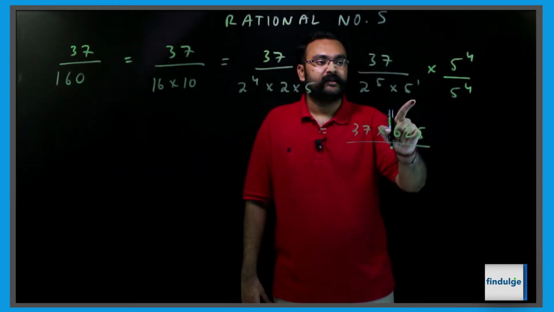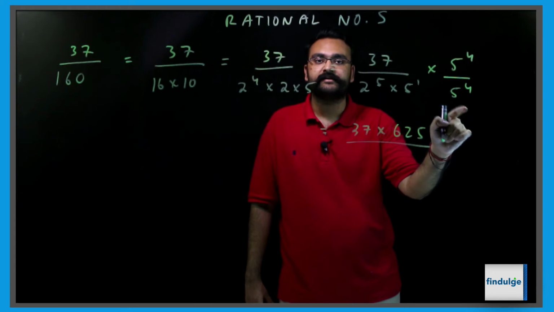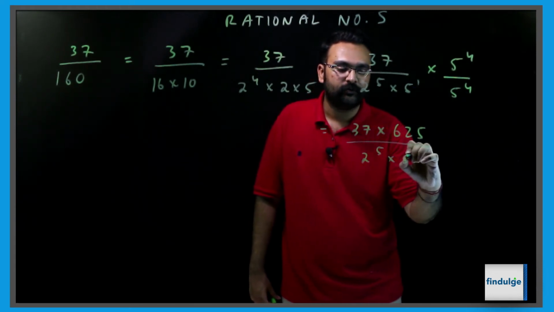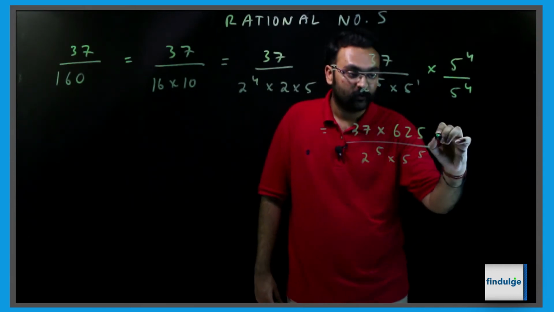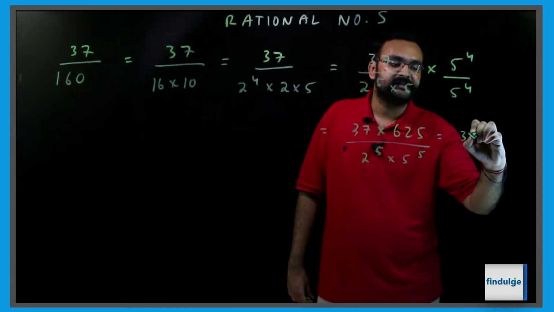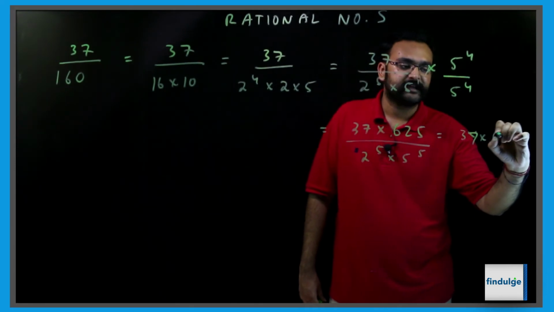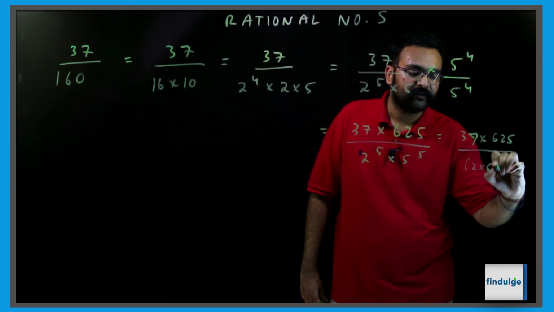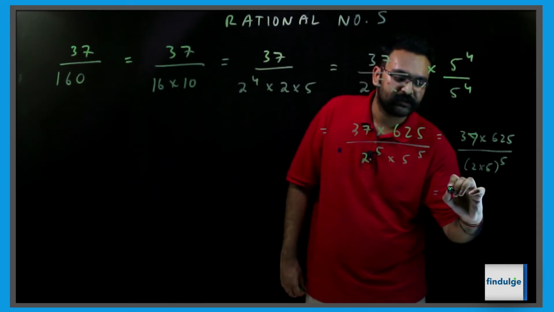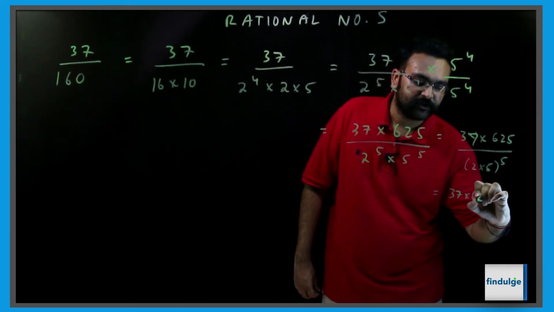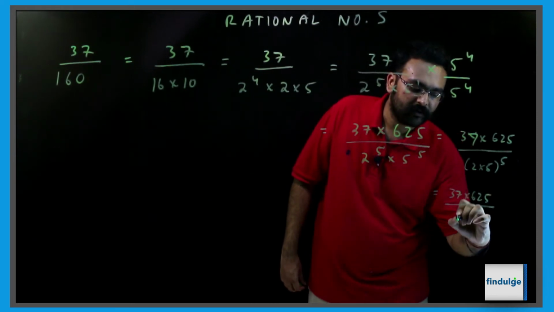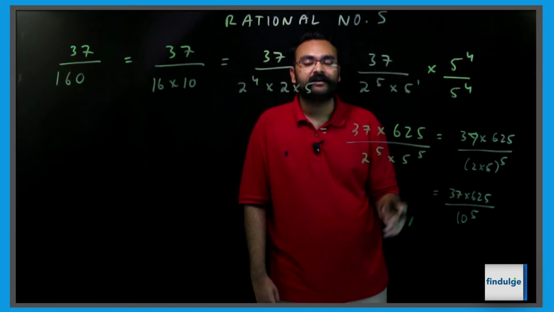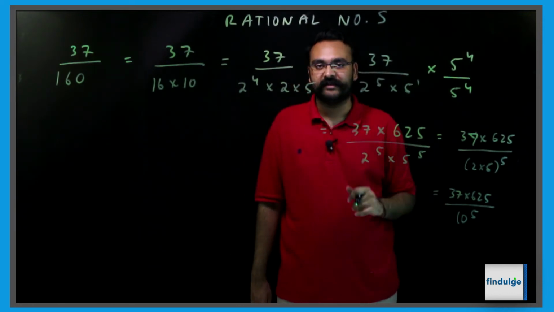Divided by, now this will become same base, powers get added, 2 to the power 5 into 5 to the power 5, which is nothing but 37 into 625 divided by 2 into 5 to the power 5, which is 37 into 625 upon 10 to the power 5, which is nothing but 1 followed by 5 zeros.